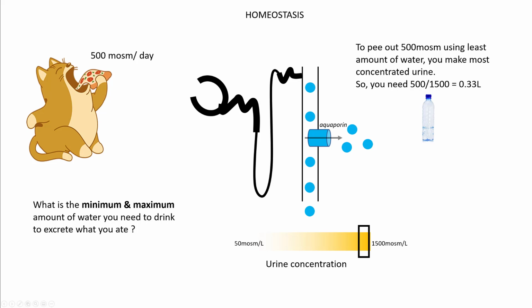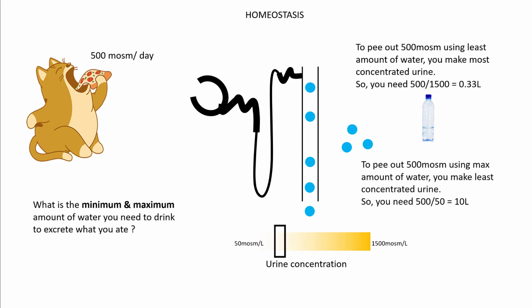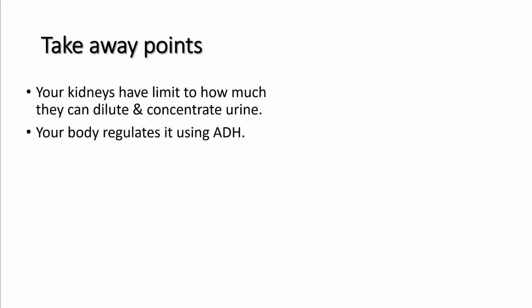So you will need around 500 by 1500, that is 0.33 liters of water to pee out that 500 milliosmole. And you can drink up to 10 liters similarly by making very dilute urine, and you should be able to handle your 500 milliosmoles. So your kidneys have a limit to how much they can dilute and concentrate urine, and your body does that by using ADH.